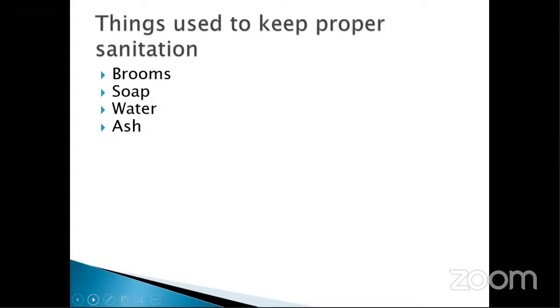So all these are items that people use to keep proper sanitation. Then the other one is the dustbin, where we put in the rubbish.